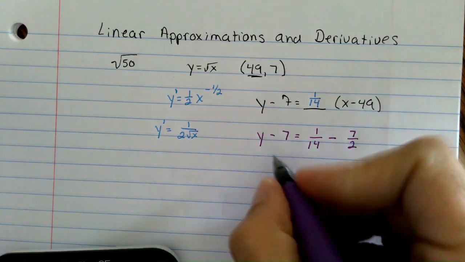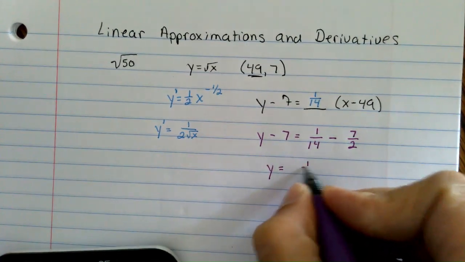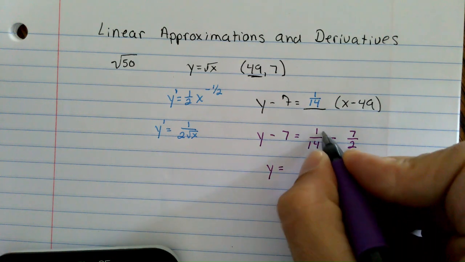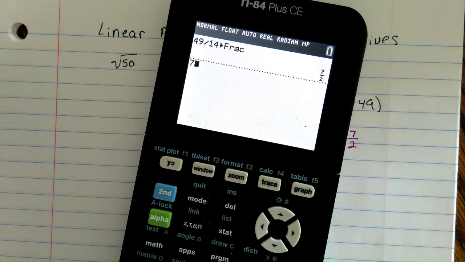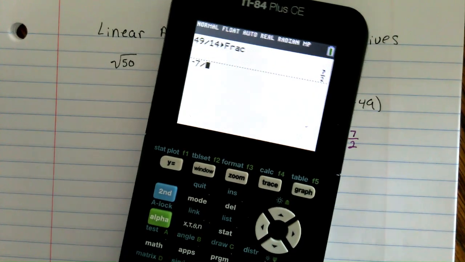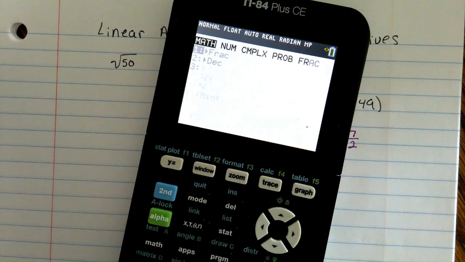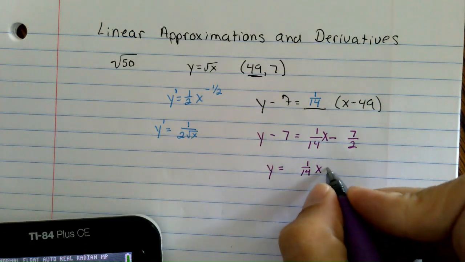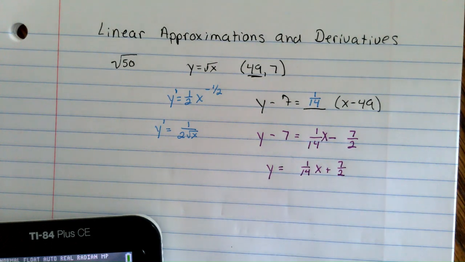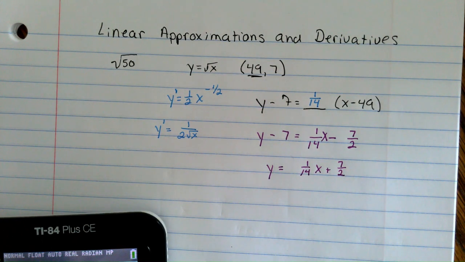And then I'm going to add 7 to that. Got my x, and that's 7/2 again. So we have an equation of a tangent line.